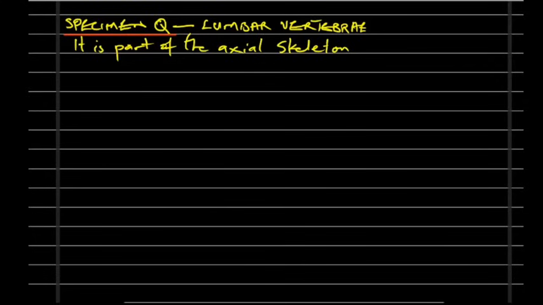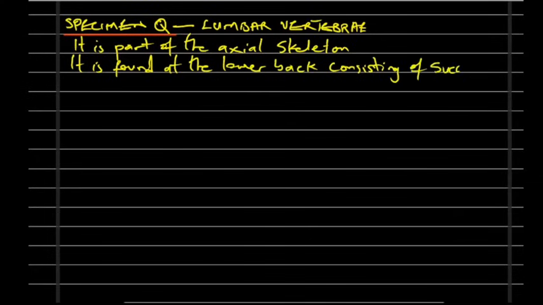Now, it is found at the lower back. The lumbar vertebra is found at the lower region of the backbone, and it consists of 5 successive bones.